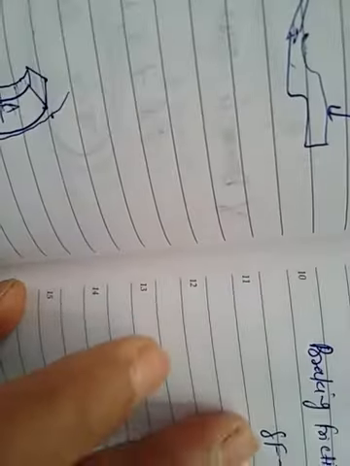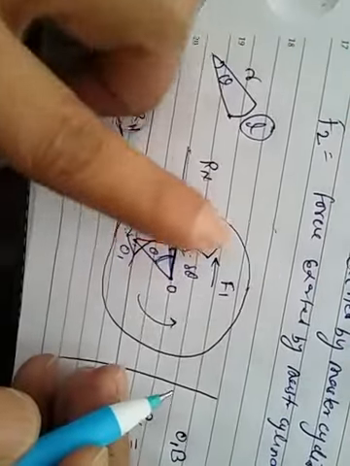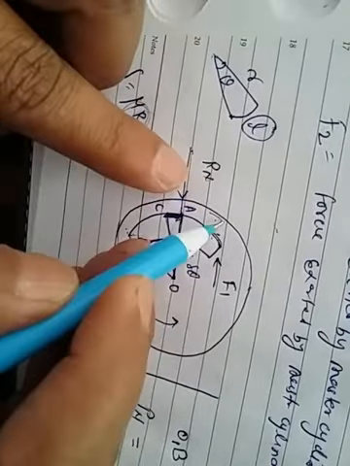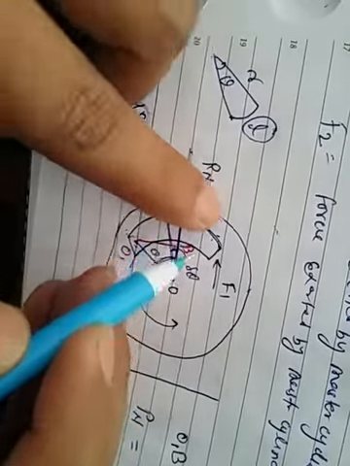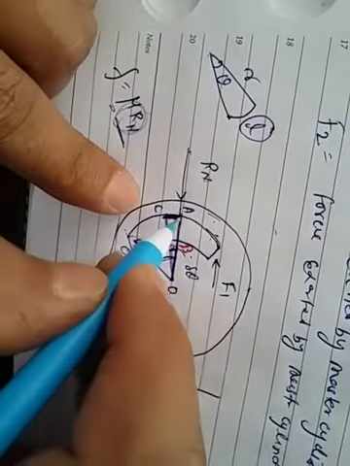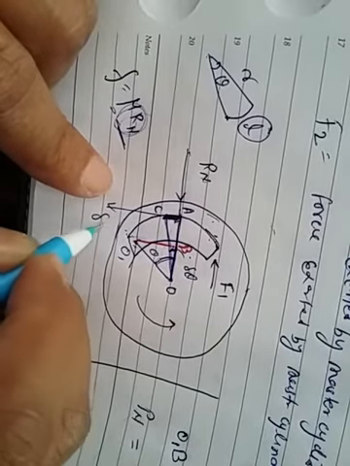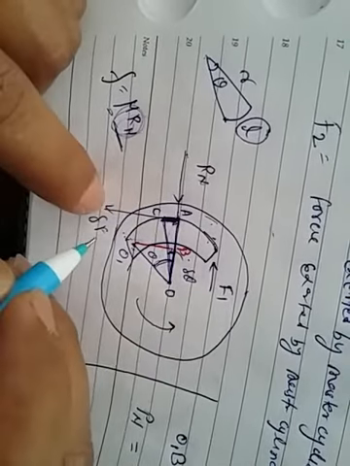Suppose the drum is rotating in this direction, then the friction force on the element acts in the opposite direction, as shown here. This is nothing but del F, the friction force here.